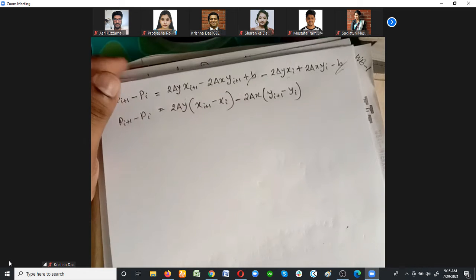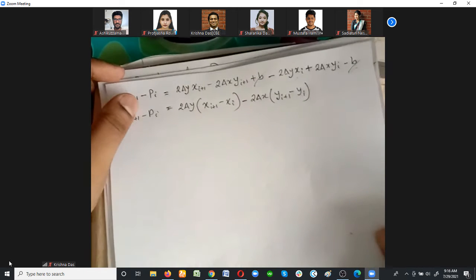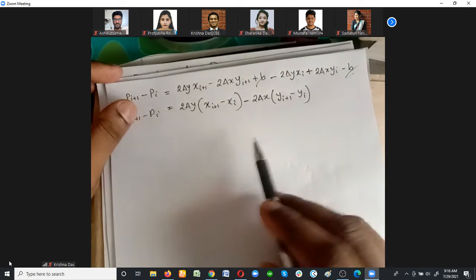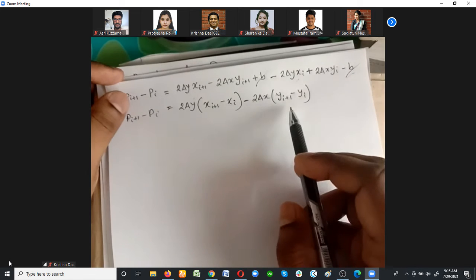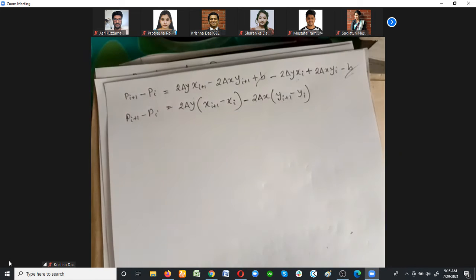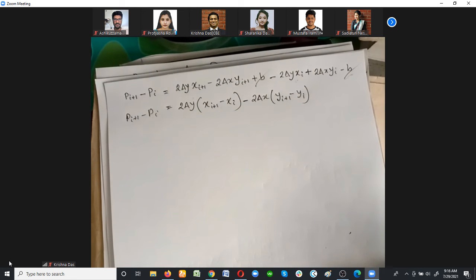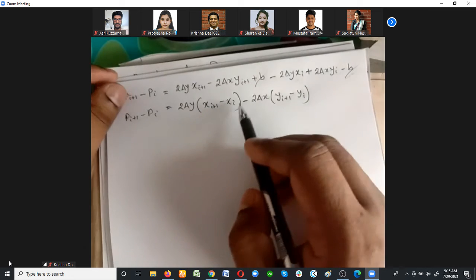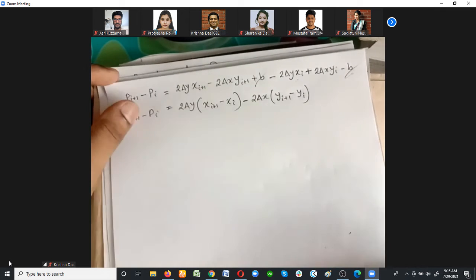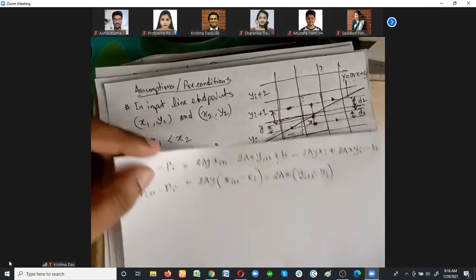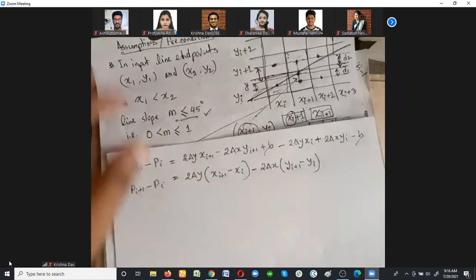Now the main discussion comes, about this xi plus 1 minus xi and yi plus 1 minus yi, how they are actually related. For xi plus 1 minus xi, now what is xi plus 1 and what is xi?